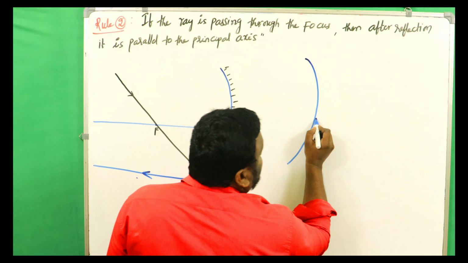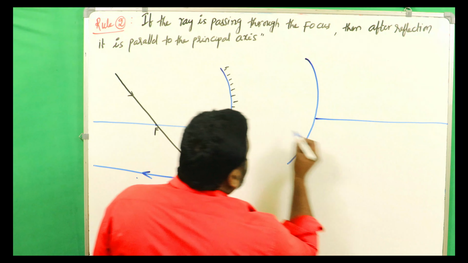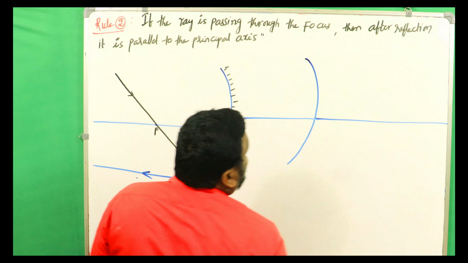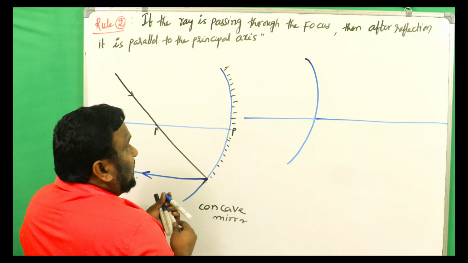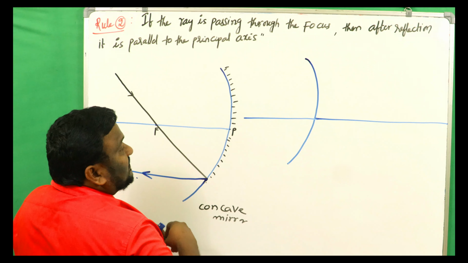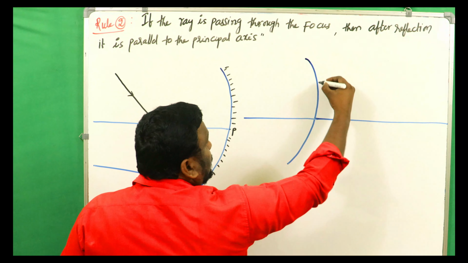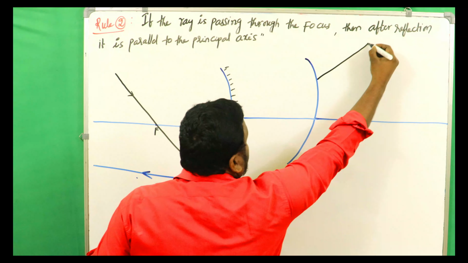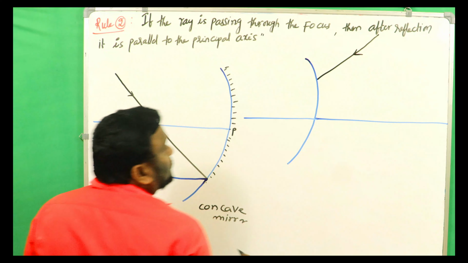This is the convex mirror, and in this case we draw like this. This is the incident ray.